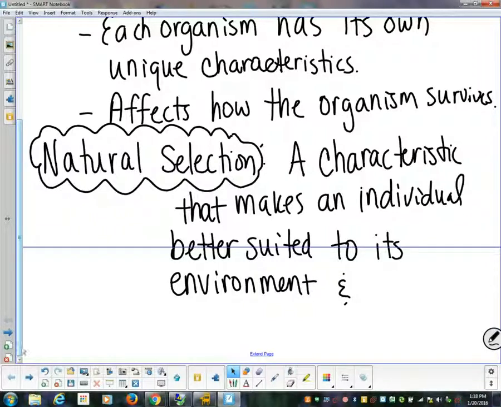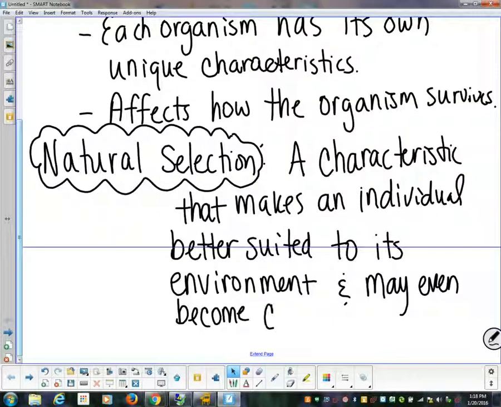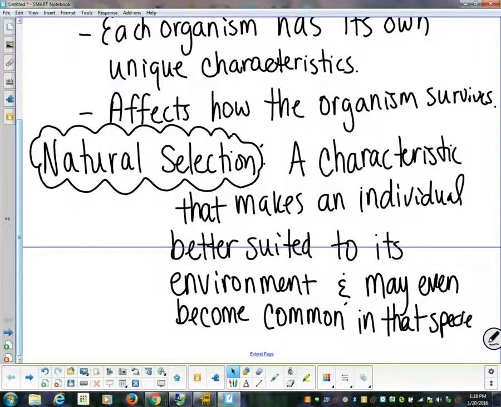And it may even become common in that species. Okay, so if we slow down for a minute and think, natural selection is a characteristic that makes an individual better suited to its environment. It may even become common in that species.